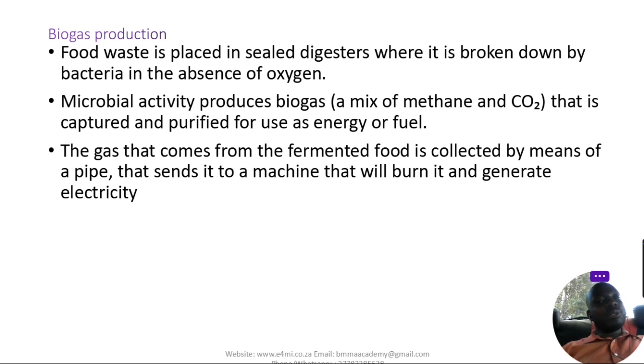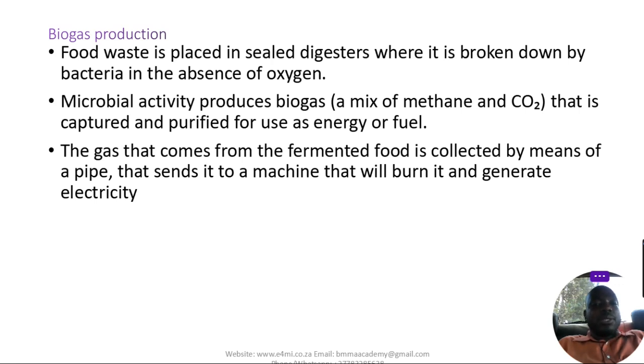You can also recycle food in order to produce biogas. Biogas is a gas that is produced by food in order to make energy or electricity. In this process, food waste is placed in sealed digesters, where it is broken down by bacteria in the absence of oxygen.